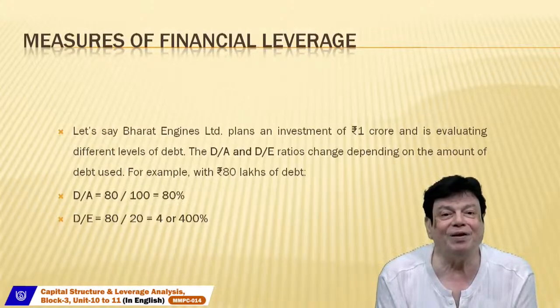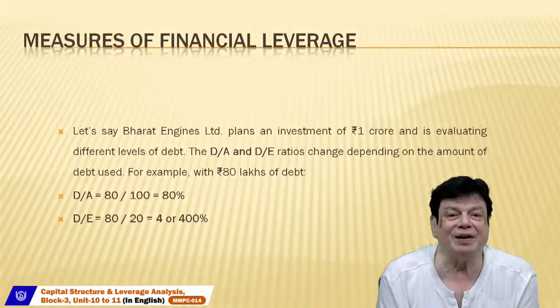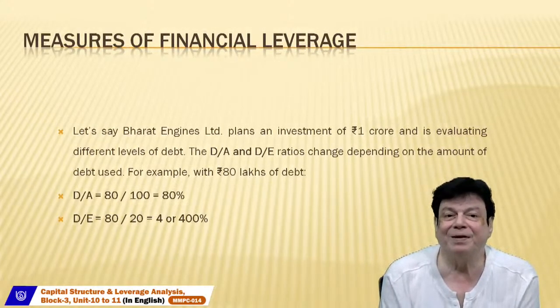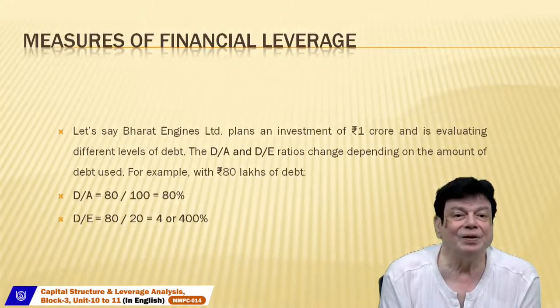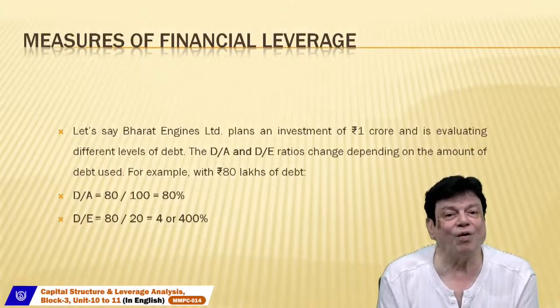For example, with rupees 80 lakh of debt, the DA ratio is 80 divided by 100, that is 80%, and the DE ratio is 80 divided by 20, that is 4 or 400%.